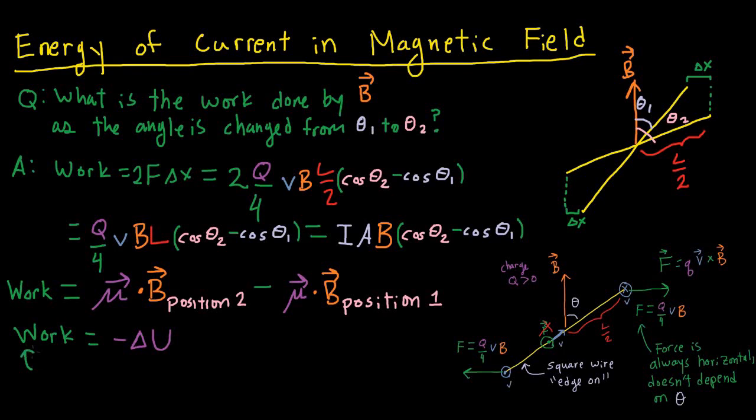So the work is just equal to the kinetic energy added to the wire by the magnetic field.